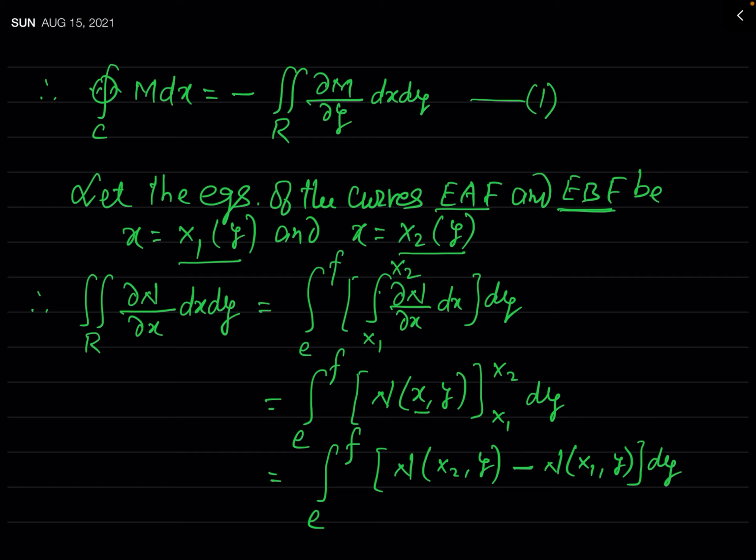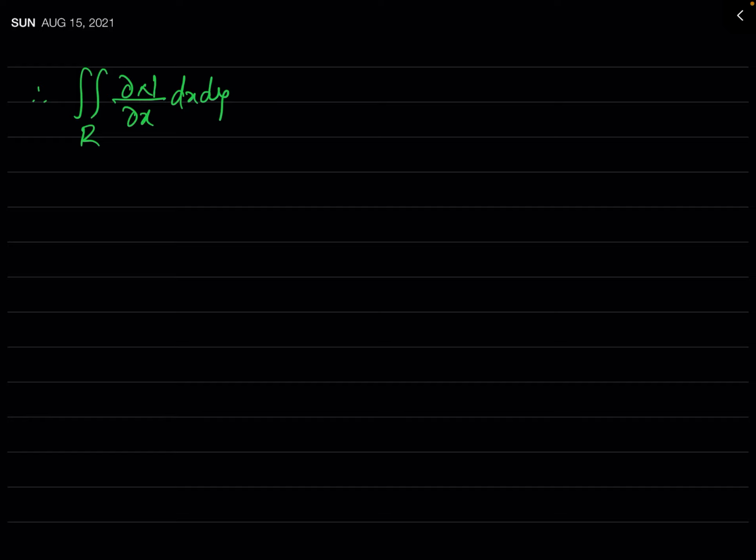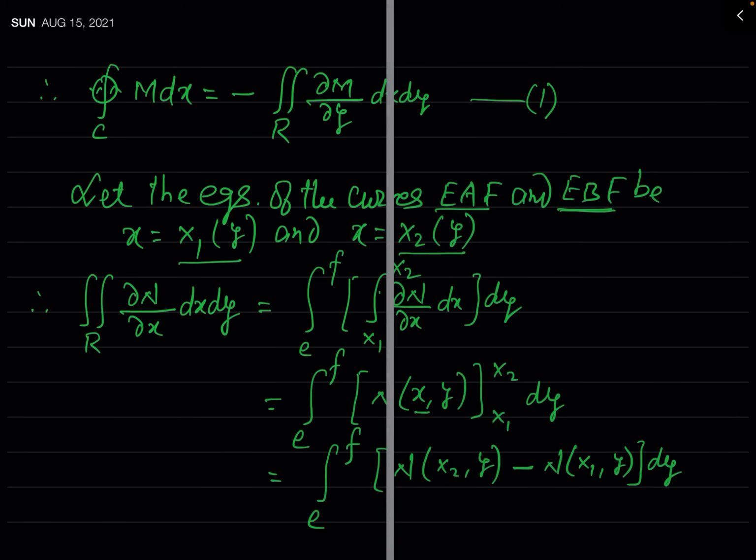So see this equation, because I will write it directly on another page. Therefore, the integral over R of del n by del x dx dy will be equal to the integral from f to e. Instead of e to f, now I am writing f to e. So this second term will now become plus.